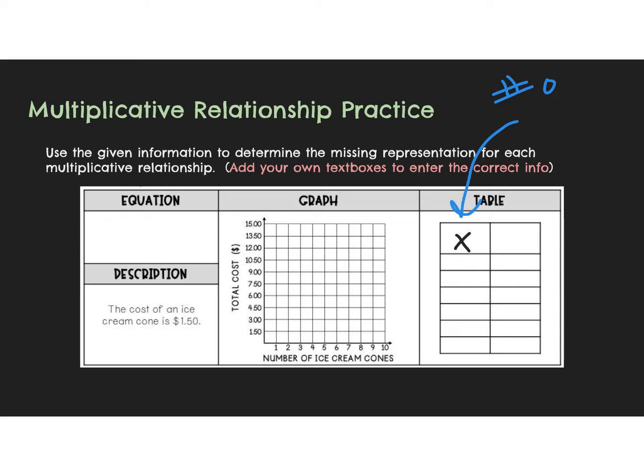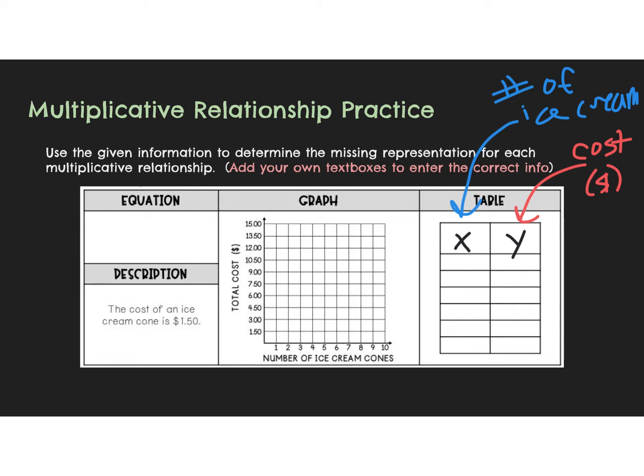And then right here, I'm going to put my Y, which would be my cost. If I had more room, I would write cost, and you could put the little dollar sign if you want.